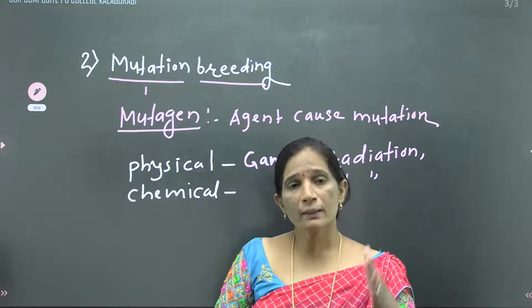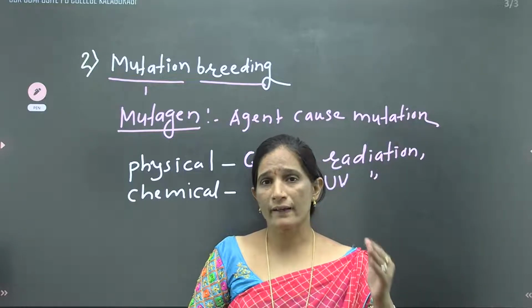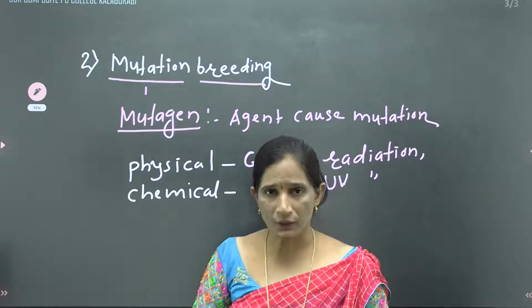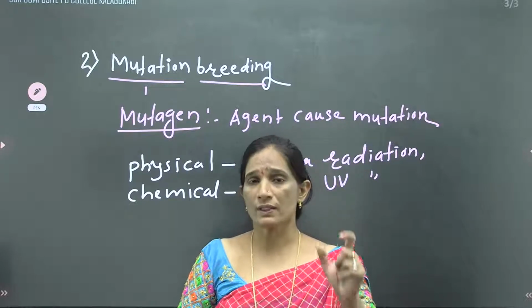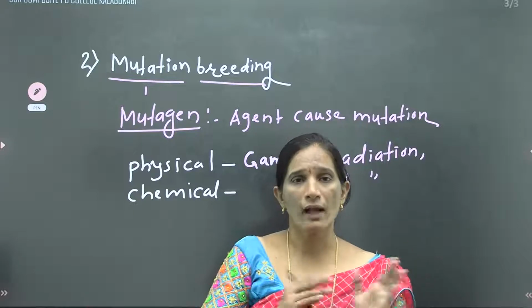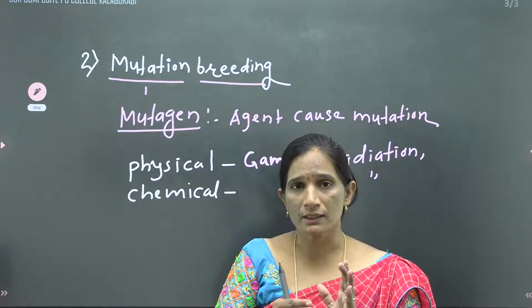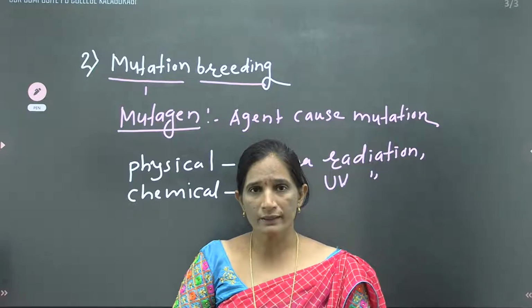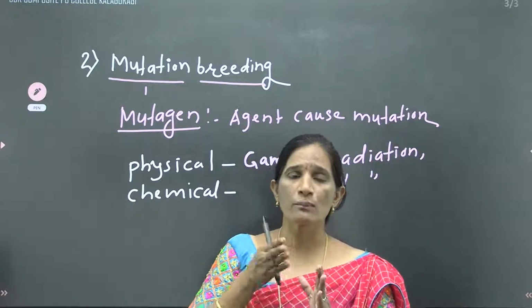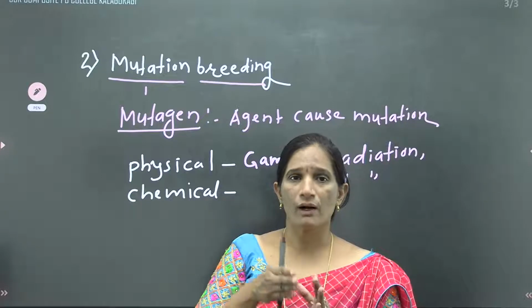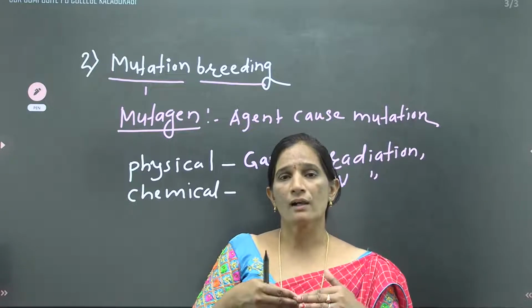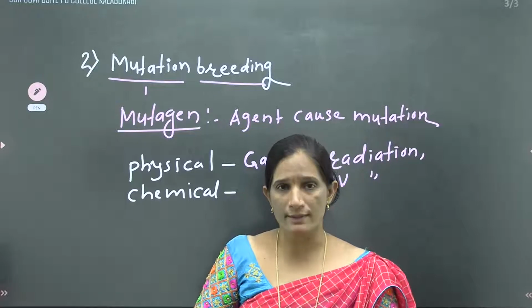It means seeds are exposed to gamma radiations or UV radiation. When they are exposed to such radiations, what will happen? Sudden change in the structure of DNA, which results in the formation of a variety of seeds which are resistant to disease.